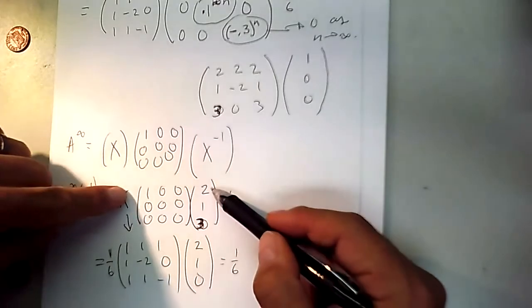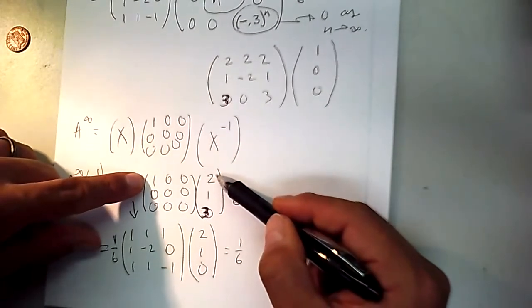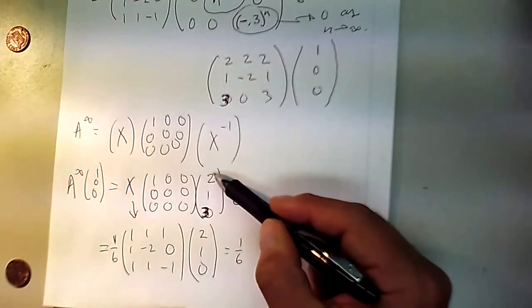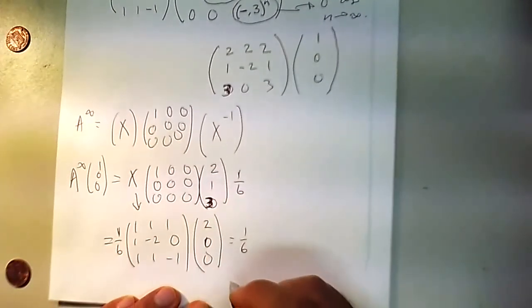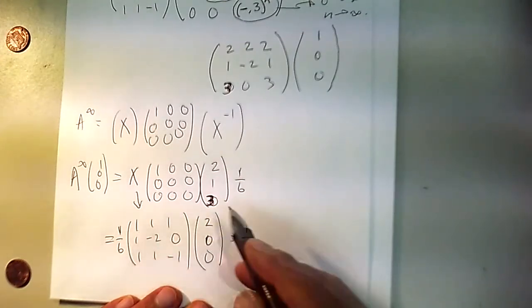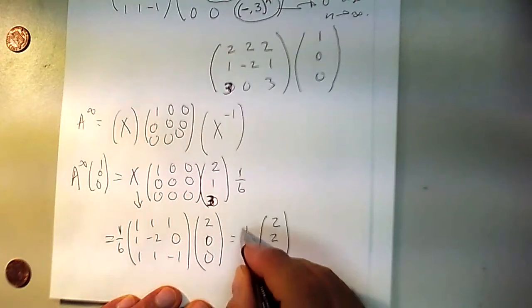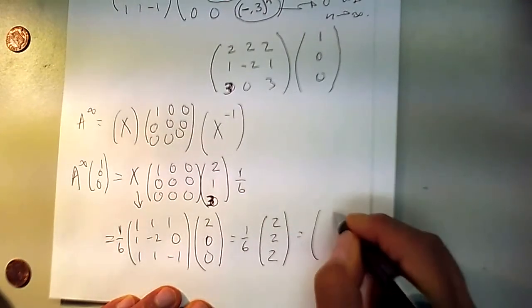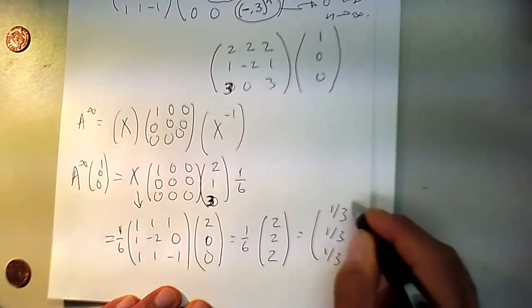But then when we multiply with this matrix, the only thing that multiplies is the 1. So we end up with 2, 0, 0. There we go. And then when we multiply 2, 0, 0 with this matrix, we end up with 2, 2, 2. And then when we multiply through, we end up with 1/3, 1/3, 1/3.